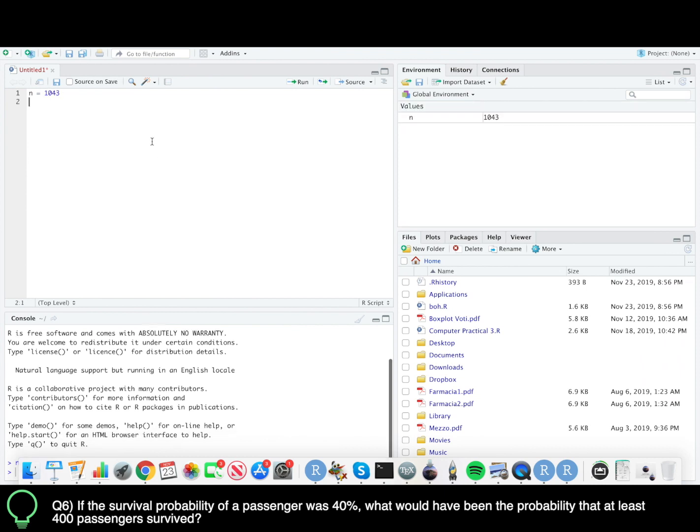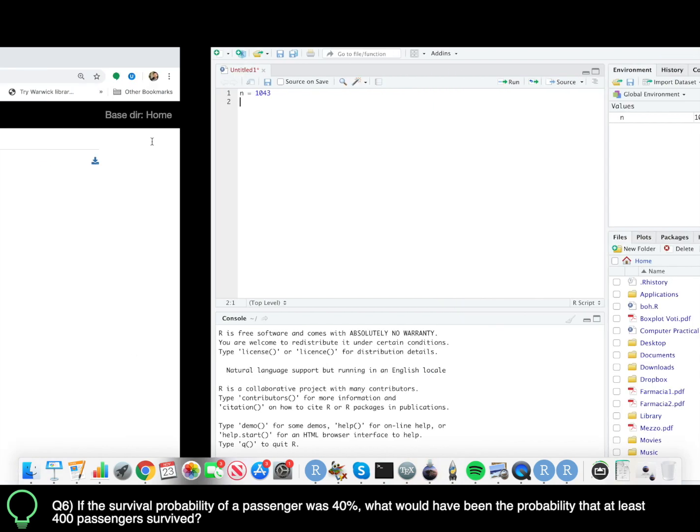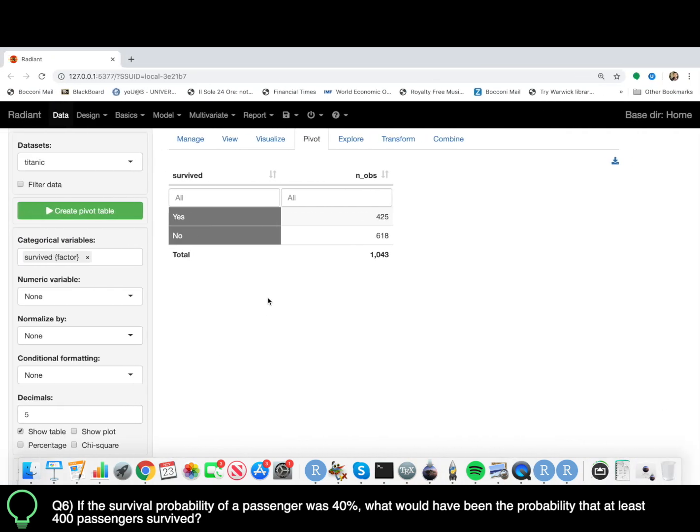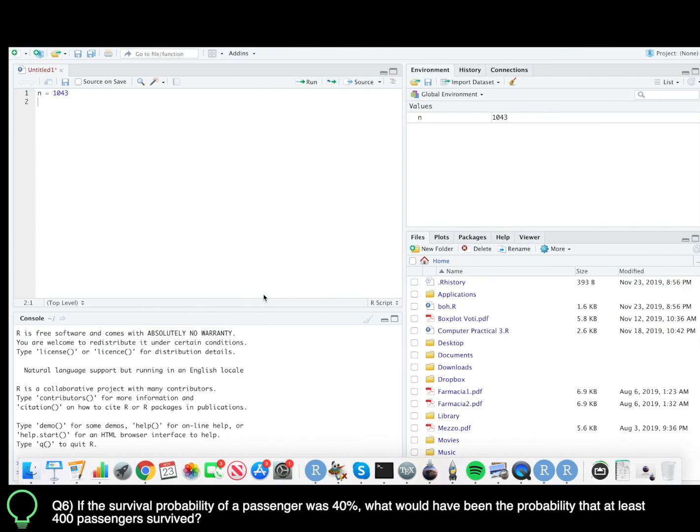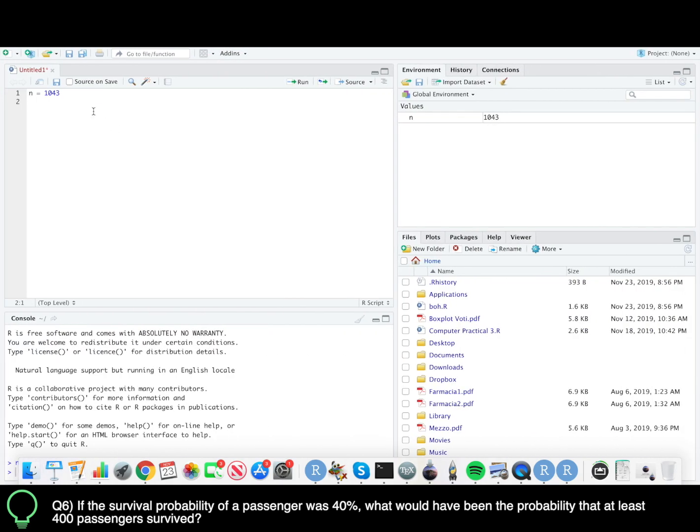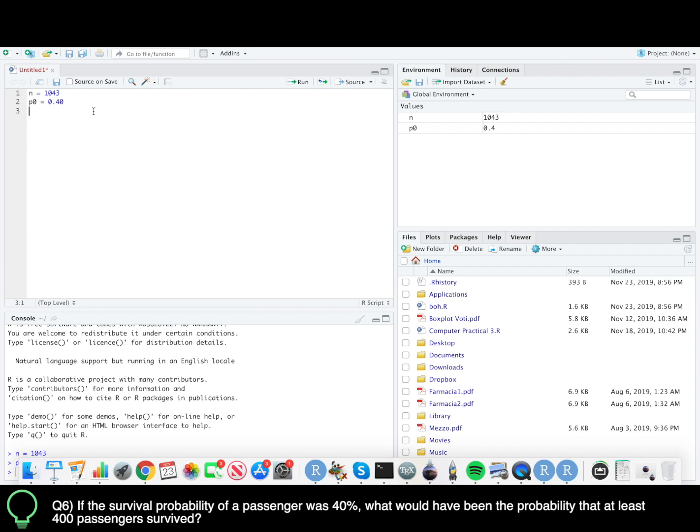Okay. So, we are assuming that the probability of a passenger to survive was 40%. And this is a bit like our null hypothesis, that the survival rate is 40%, even if we don't really know it. So we can approximate the number of survivors.